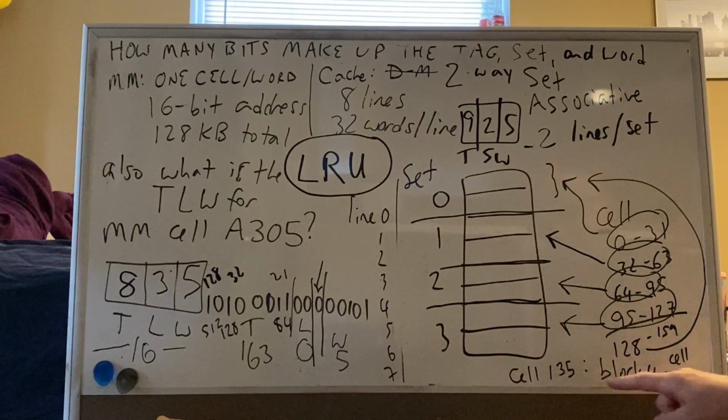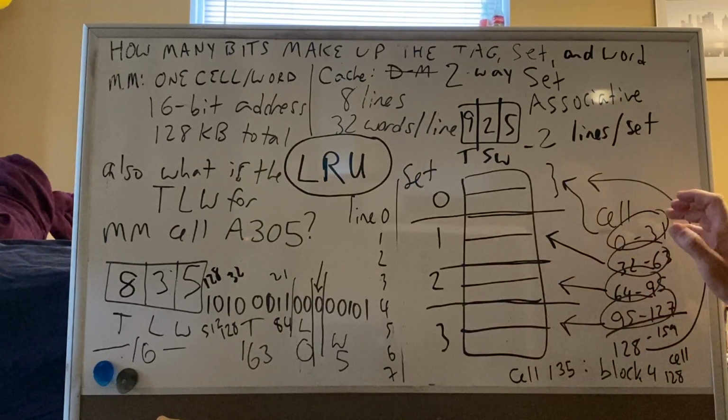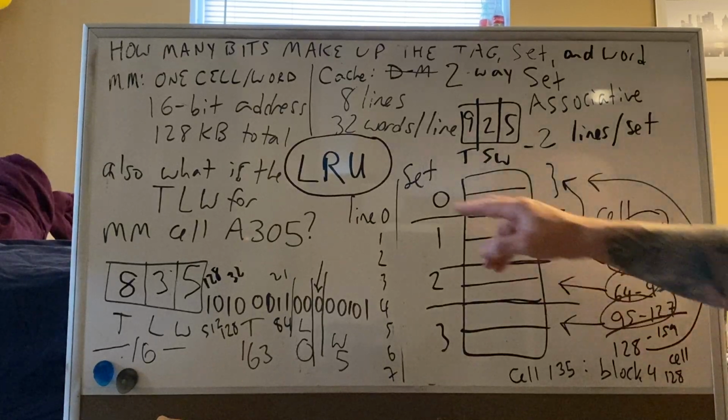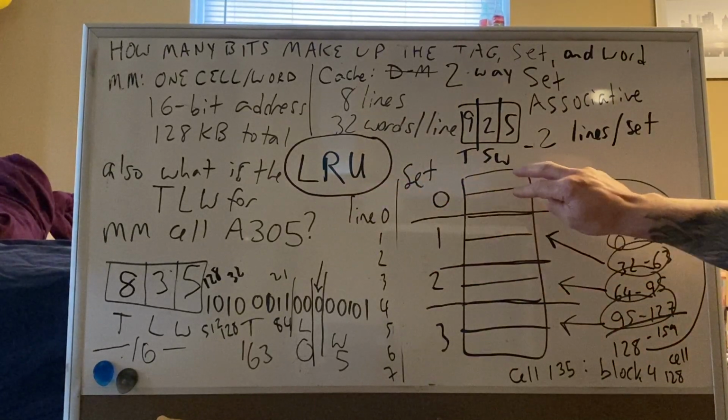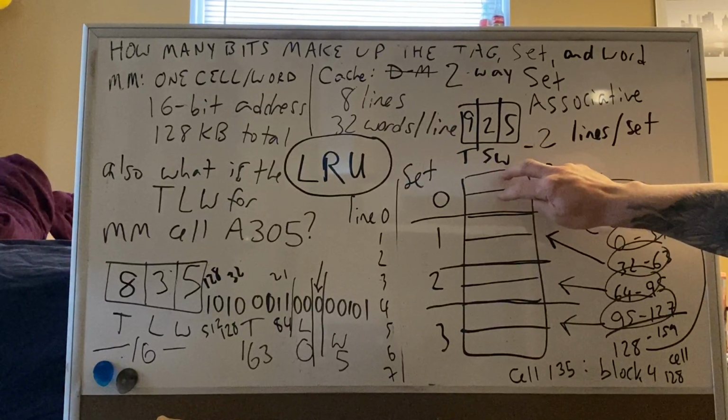So the principle of spatial locality is right here. The width of a line, the size of a block, which is the same thing. And temporal locality is right here. Keep the most recently used things here and evict the least recently used.